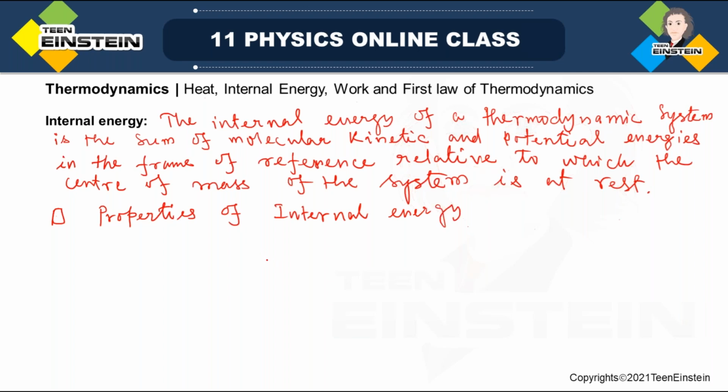As you know, in mechanics generally we denote potential energy as PE or sometimes E suffix P, and kinetic energy sometimes as K.E. or EK. Similarly, the internal energy of a thermodynamic system is denoted by capital U or sometimes small u.